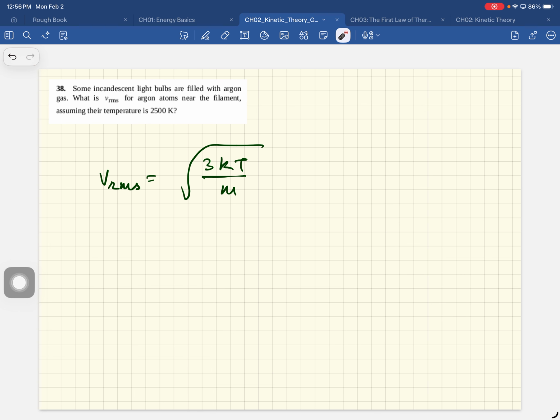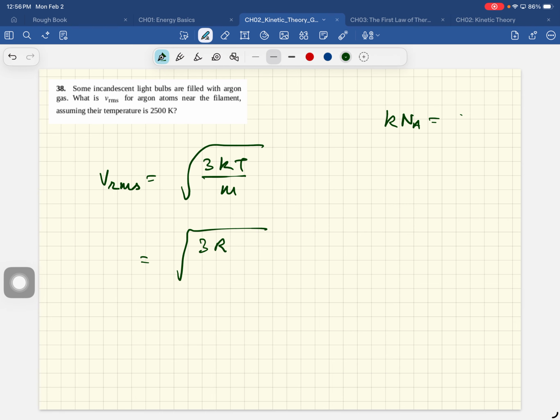Roughly 40, 39.948. Yeah, what are the units? It's 40 grams, so that's that many kgs per mole. Okay.